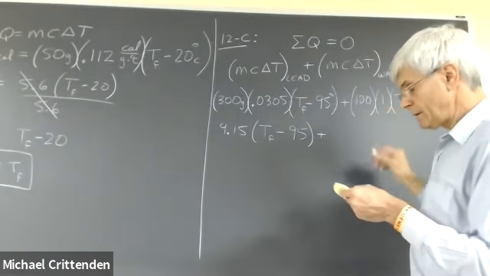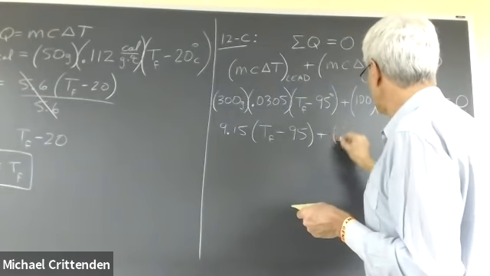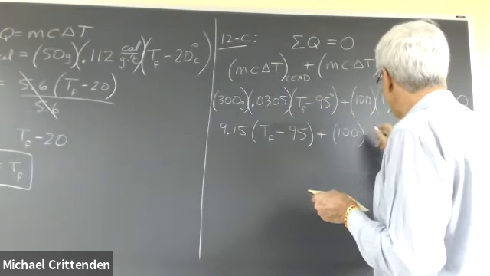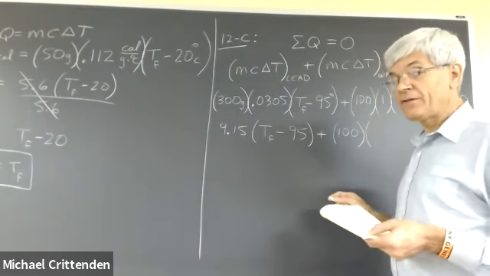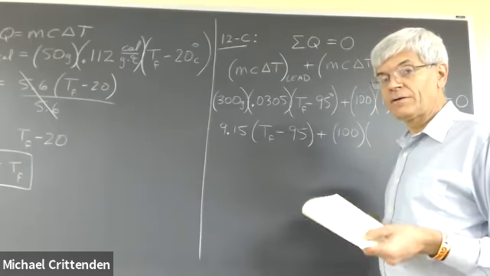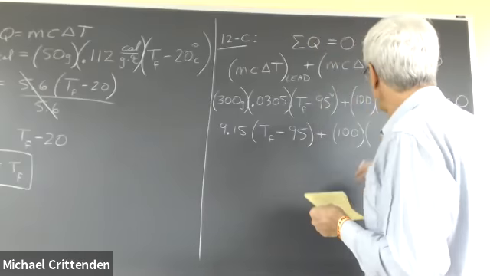Then 100 times 1. Hopefully nobody uses a calculator for that one. I have seen people during labs grab their calculators to convert centimeters into meters. And it's like, just move the decimal.